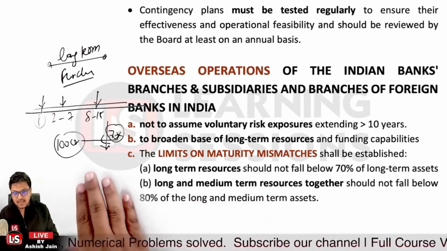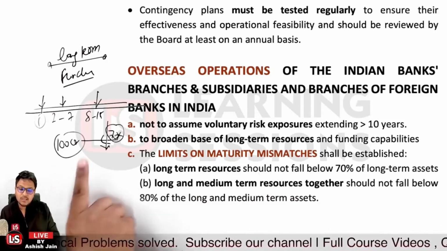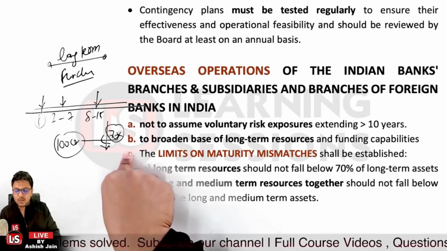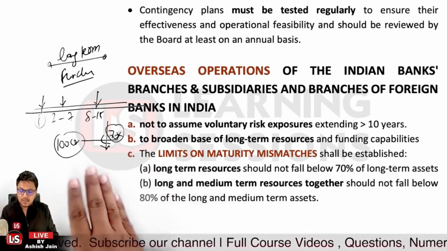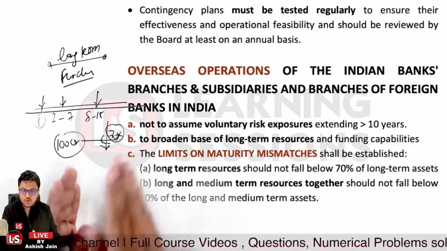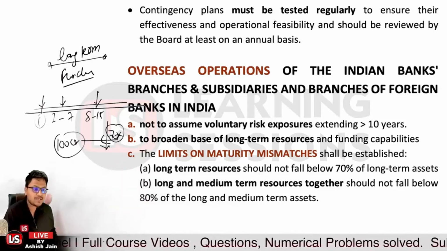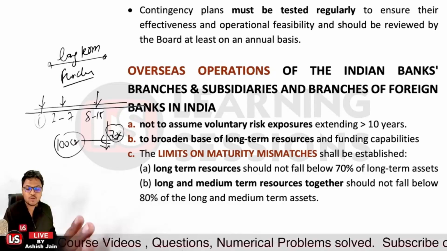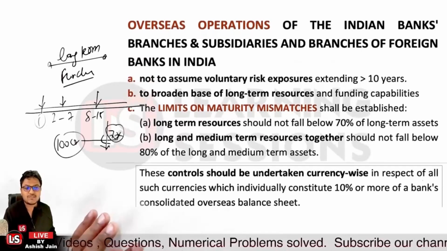So if we have long-term assets of 100 crore, the resources should not be below 70 crore. If we have long-term and medium-term assets combined at 100 crore, the resources should not fall below 80 crore. So that's the case related to it.